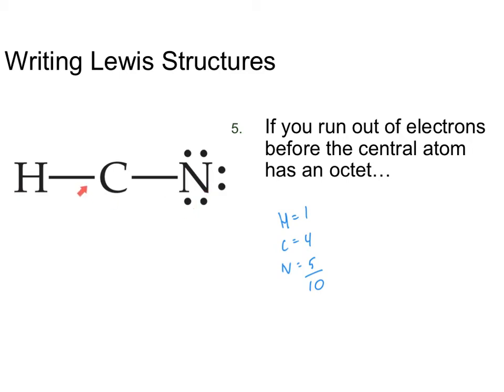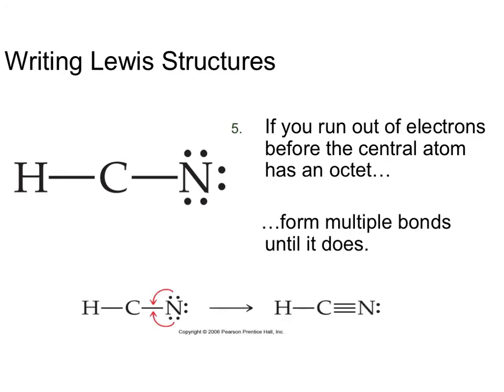However, carbon only has 2, 4. Carbon does not have an octet. And so what we can do then is transfer 2 of the pairs around nitrogen and put those into bonds as well.